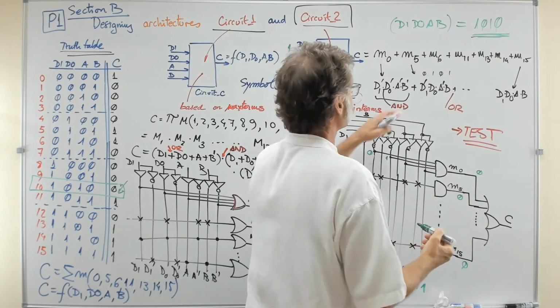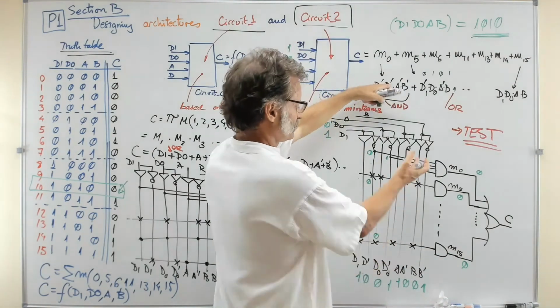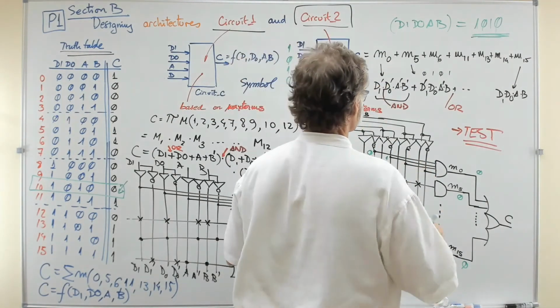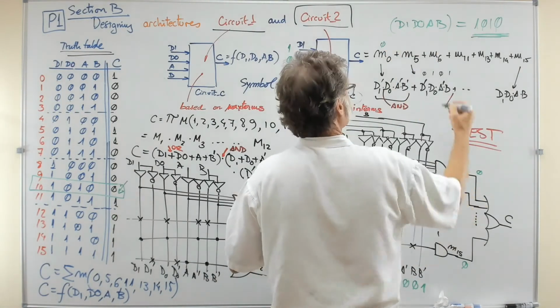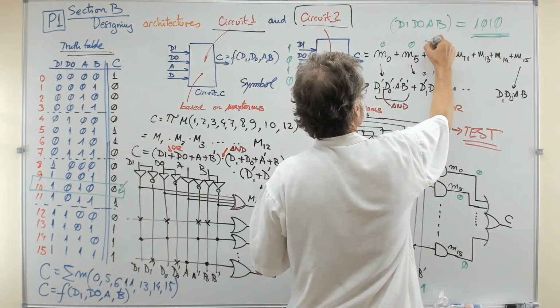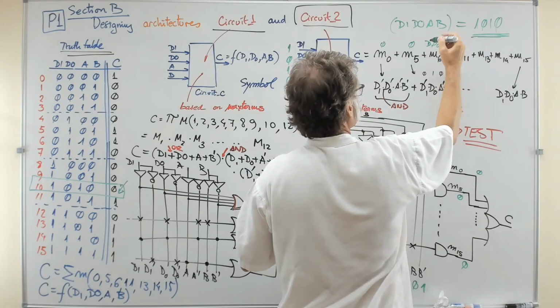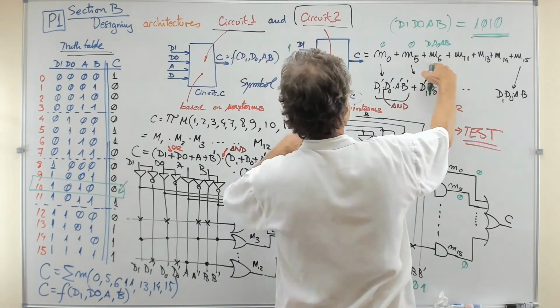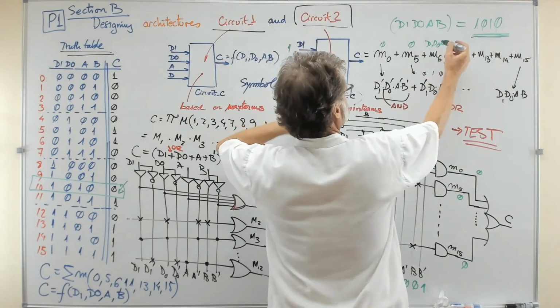But you can do that using the equation, because the equation is the same as the circuit. So if the minterm 0 is generating a 0, the minterm 5 is a 0. Let's see the minterm 6, which happens to be D1, D0, A and B. But now you are driving this M6 with 1, 0. So you see, it's again another 0.